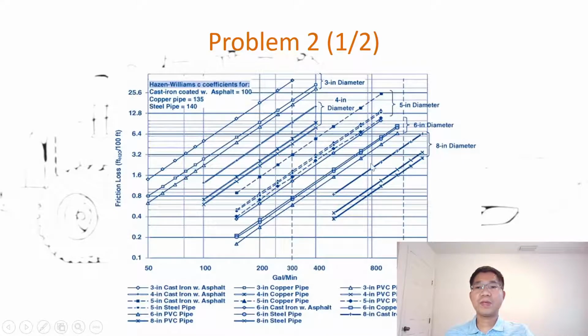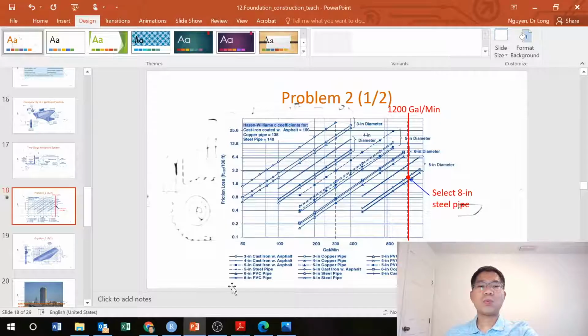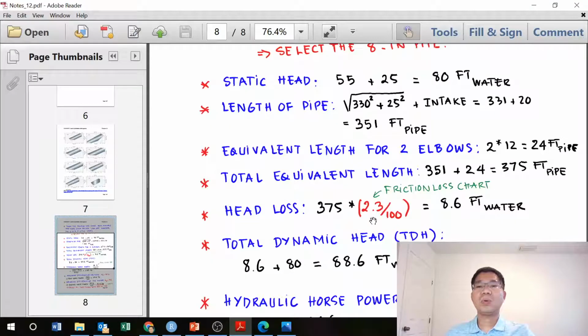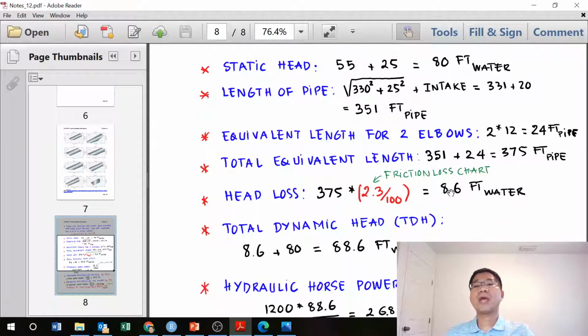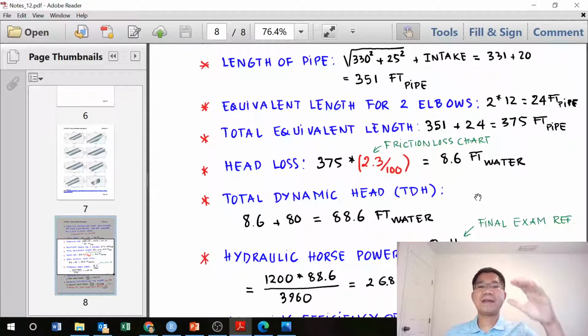That is the loss per 100 feet of pipe length, and that's why we have to divide by 100, and then we get 8.6 feet of water for the head loss.